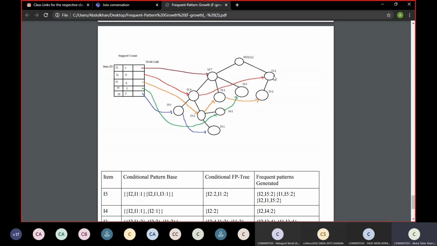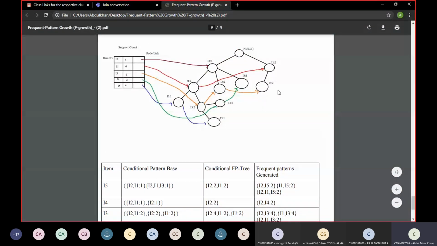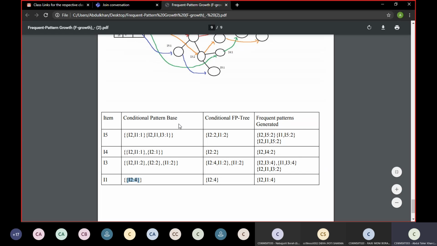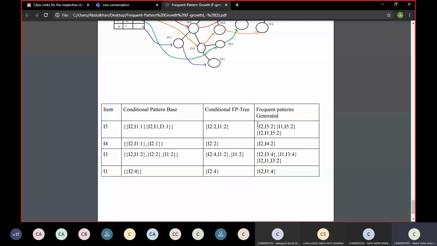Remember, there is no in between node for I2, I1. That's why we do not take I2 4, right? Means we go to I2 and the I1 support count is 4. That's why we have written it. Just simply write this and we'll join I2, I1 and the support count is 4, right? So as we can see, using this table we are getting the frequent pattern generator for the table we have created. Thank you.